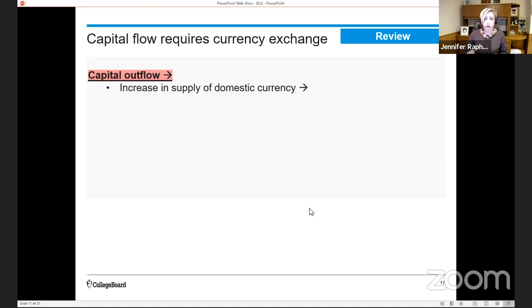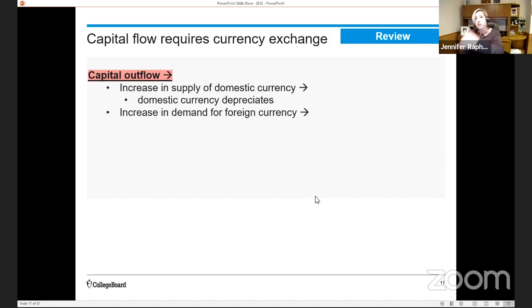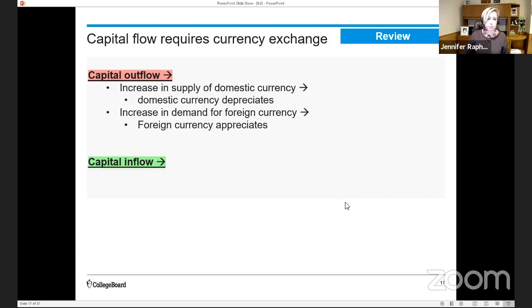That's the financial capital outflow. So when you have an increase in the supply of a domestic currency, the domestic currency is going to depreciate. You're doing so you can purchase more foreign currency, which increases the demand for the foreign currency, which causes the foreign currency to appreciate. Remember, currency prices are always relative. It's an exchange rate. You're exchanging one currency for another. They always move together.